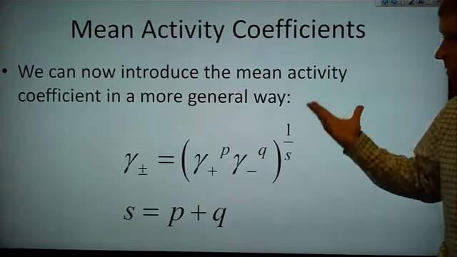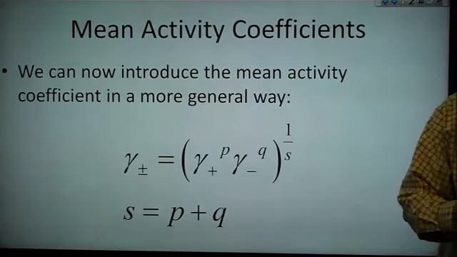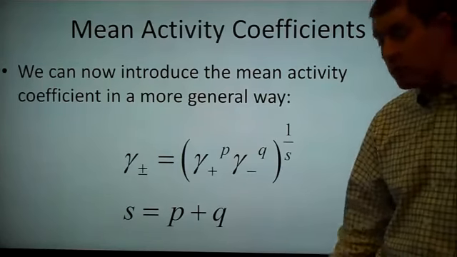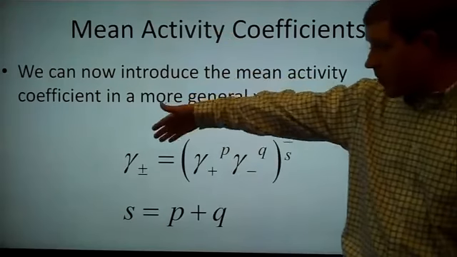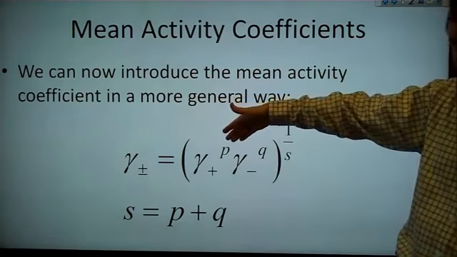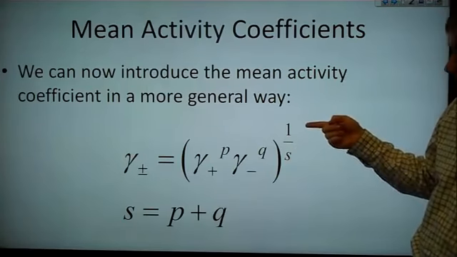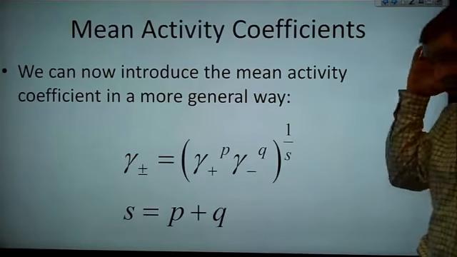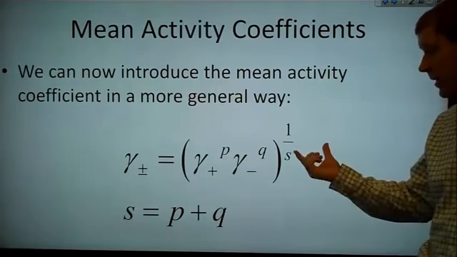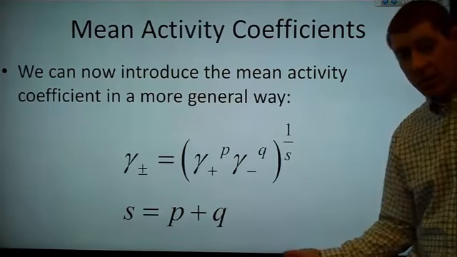And again, now we introduce our mean activity coefficient in a more general way than last time, where we had charges of just plus and minus 1. So that means that now gamma plus minus is equal to gamma plus to the power of p times gamma minus to the power of q, all to the power 1 over s. So we're taking the s-th root, where s is the sum of p and q.